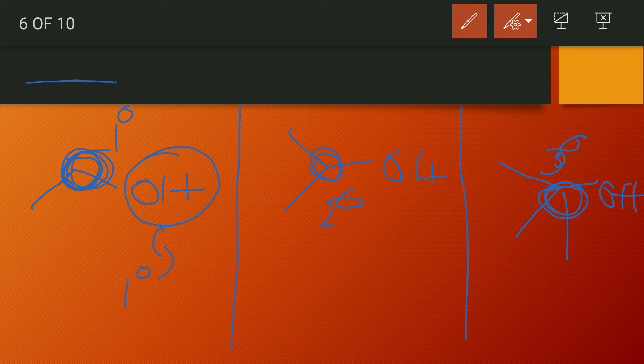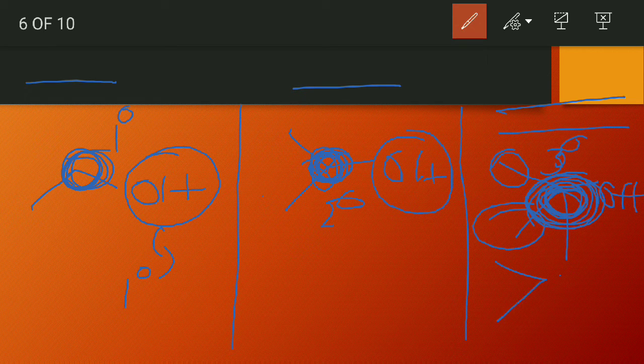And in the second scenario, the OH is directly attached to the carbon having degree 2, that is this one. And in this case, it is directly attached to the carbon having degree 3, right? This one, this carbon. So let me draw it again, this one. So the degree of alcohol is the same as the degree of carbon to which it is directly attached.